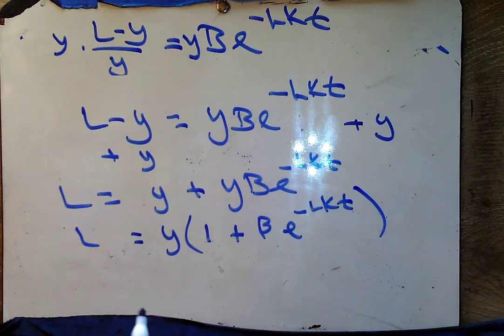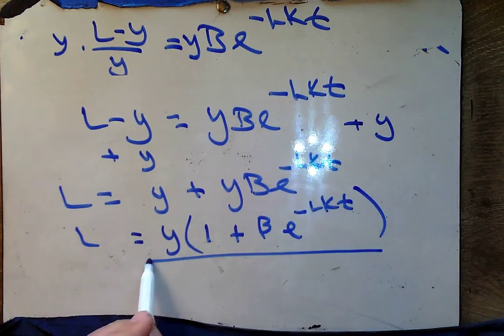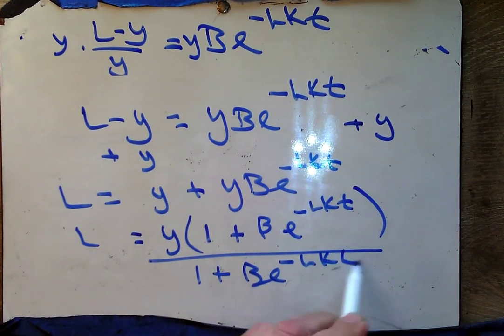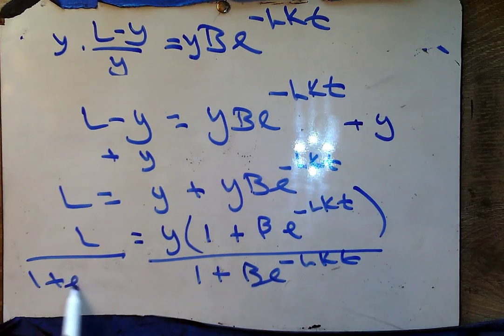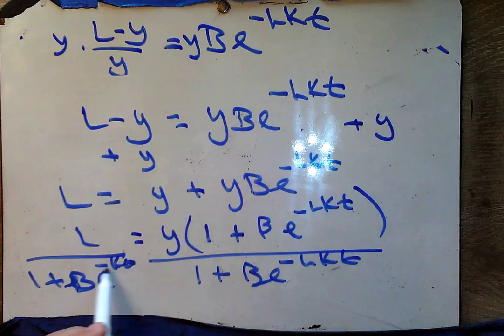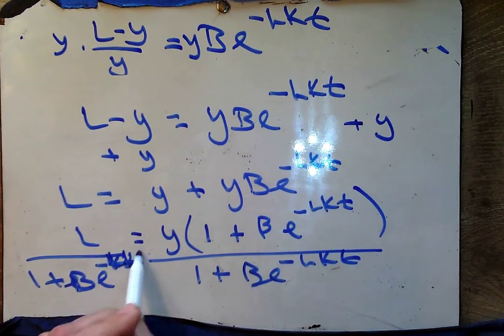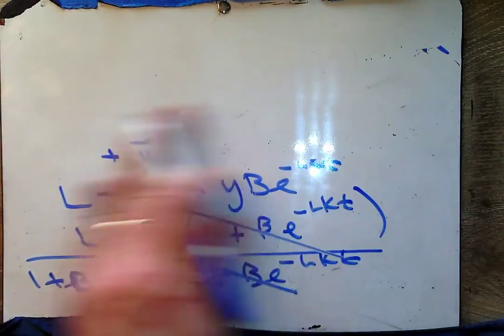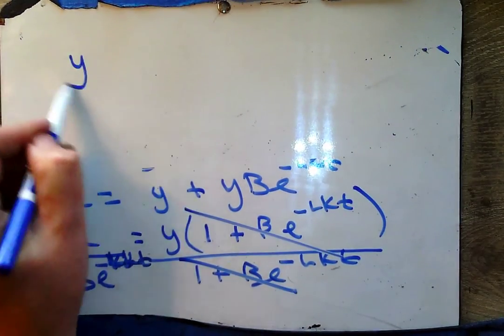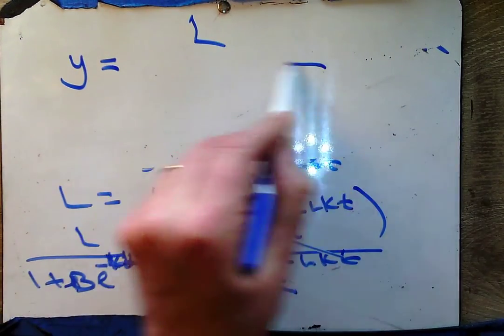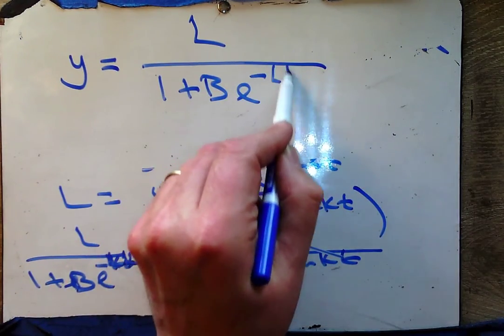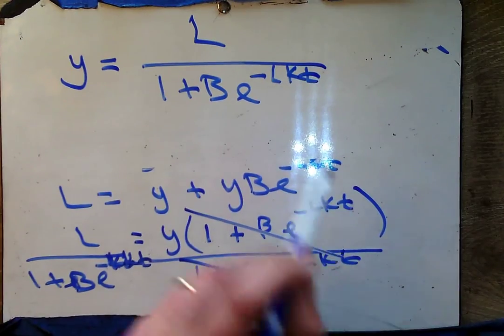And what am I solving for? y, which means I have to divide both sides by. Don't lose the b. So finally, I'm done, and y equals L over 1 plus b e to the minus L k t.